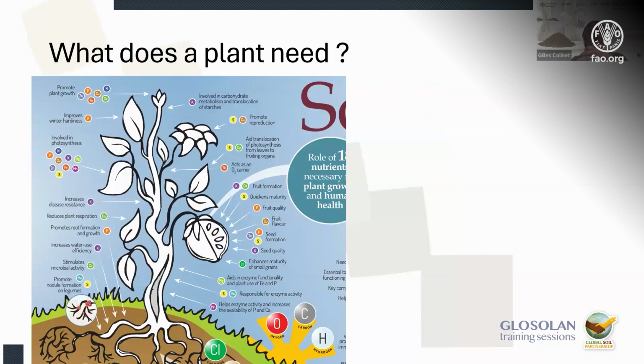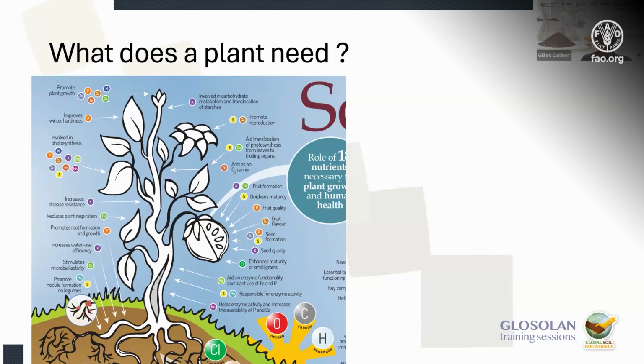If you take some different readings, sometimes you will not have exactly the same list of macro and micronutrients, but here you have a list of effects that are given by these nutrients on the growth and the formation of the crop.